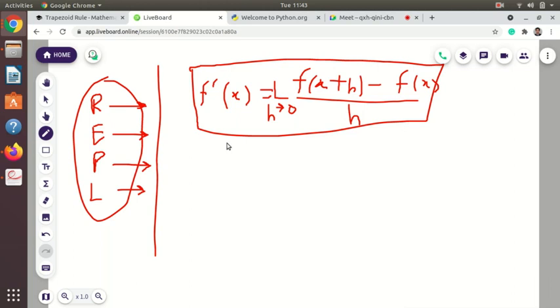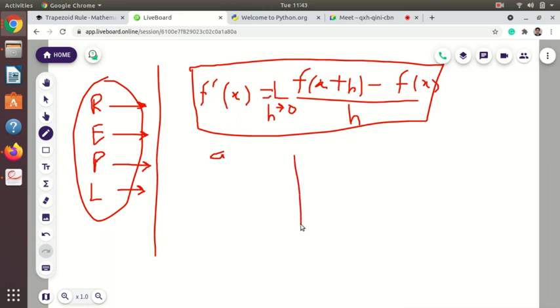You will not use x when you find the numerical derivative. We will use the function of x, but in terms of a. What is that a? It is the point at which I have to find the derivative.